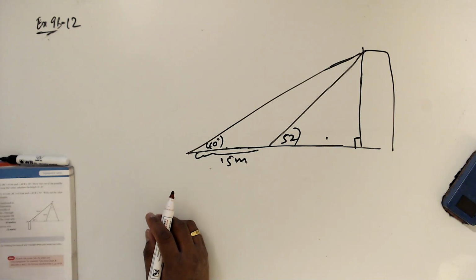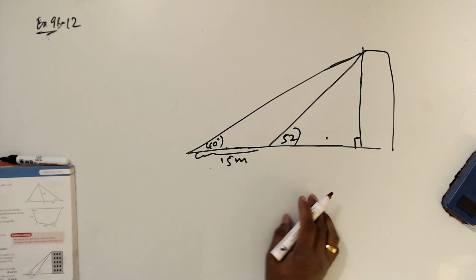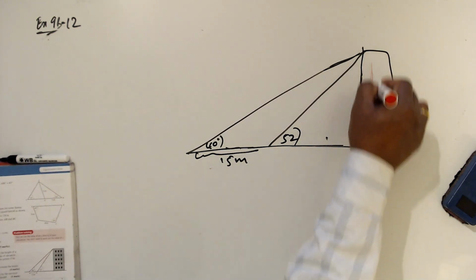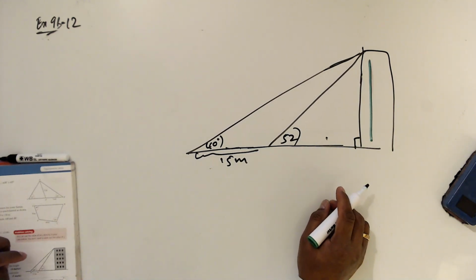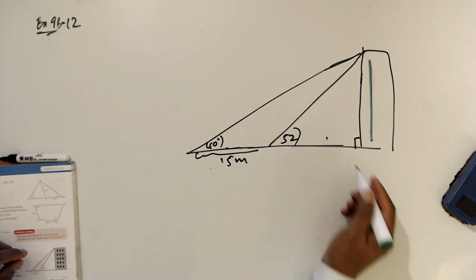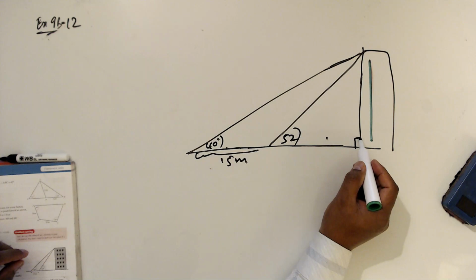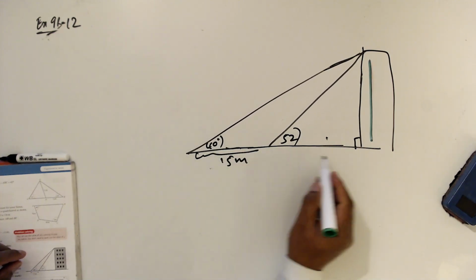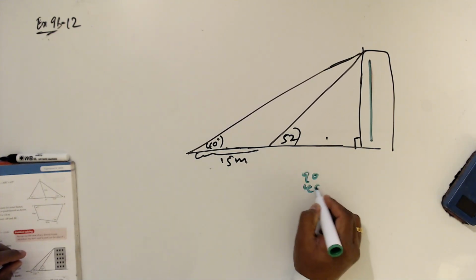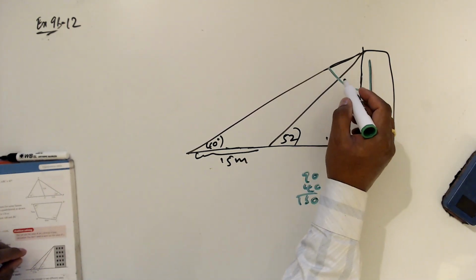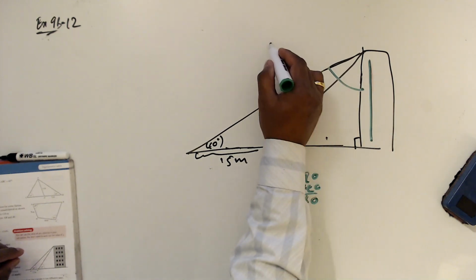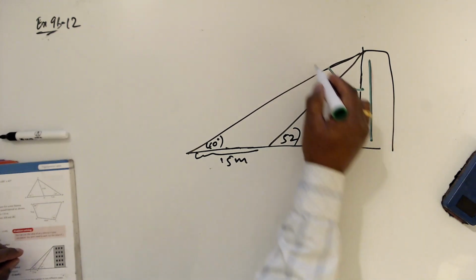Question number 12. What is the plan for this sum? Well, we want to find this height. We can find this height. This is 90, this is 40. 90 plus 40, 130. This whole angle is 50.